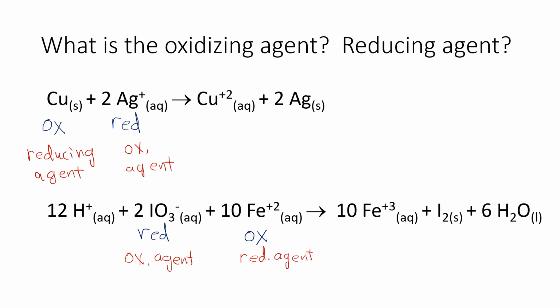So notice how our oxidizing agent actually has some oxygens present in it, and it loses those as it gets reduced. And then here, if you want to think about the iron ion as being a reducing agent, the iron ion reacts on the iodate ion to make the iodate ion get reduced.